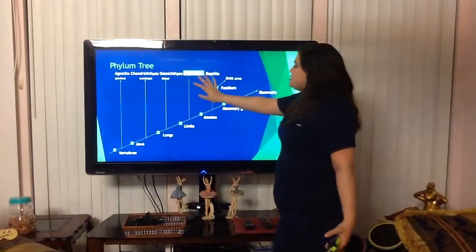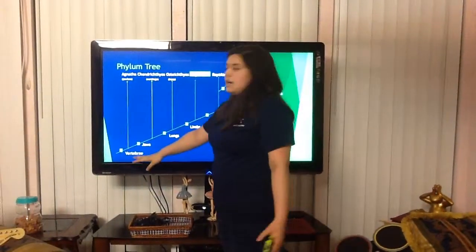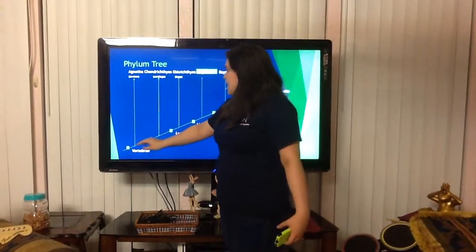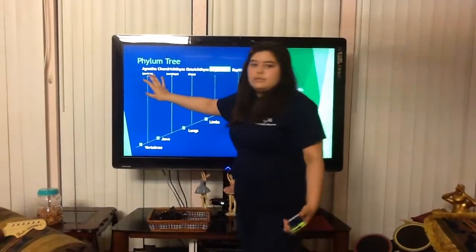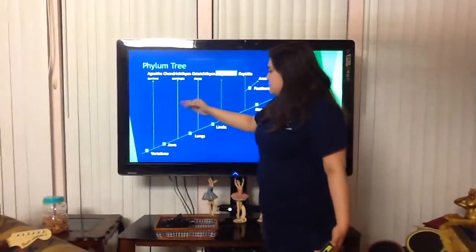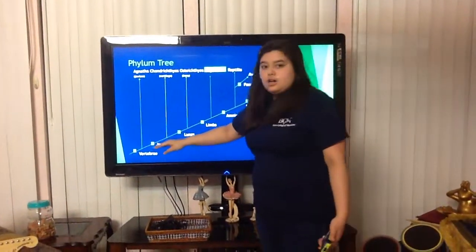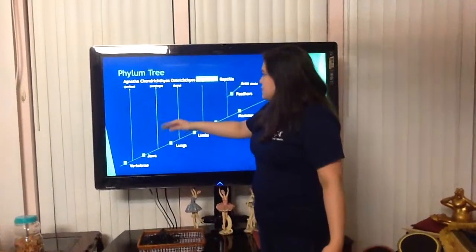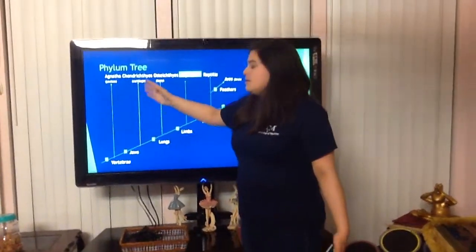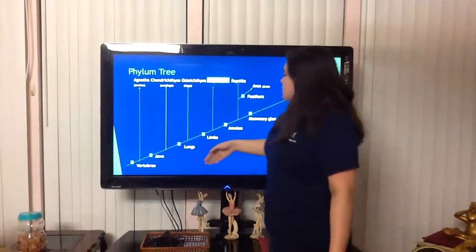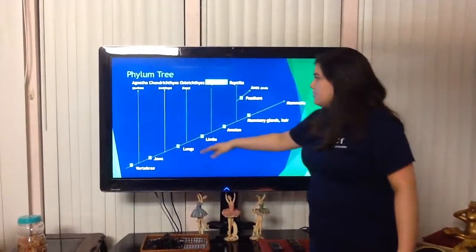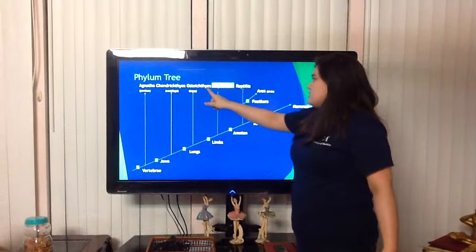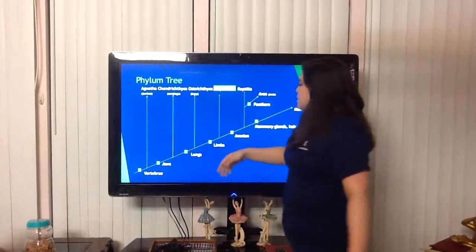And here's the phylum tree. At the very bottom we have the vertebrae, and following that we have the agnatha, which is jawless fish. After that we have the introduction of jaws, which brings us to the chondrichthyes, which is the cartilaginous fish. Following that we have the derived characteristic of lungs, which brings us to the osteichthyes, or bony fish.